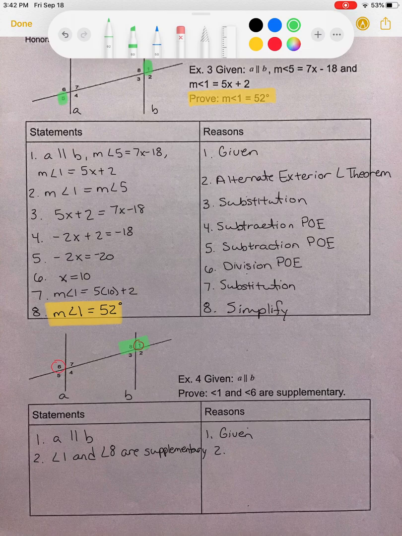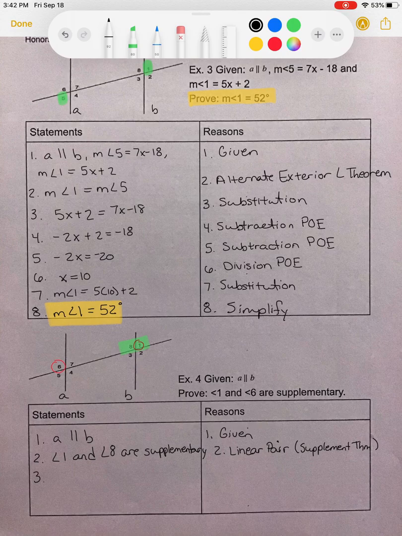They connect to make a line. So here, I'm going to say 1 and 8 are supplementary because that's called linear pair. There's also something on that handout that I'd given last class that sometimes they call the supplement theorem. But if you tell me you chose 1 and 8 because they made a straight line, they're a linear pair, I am fine with that, if you can identify the angle relationship.